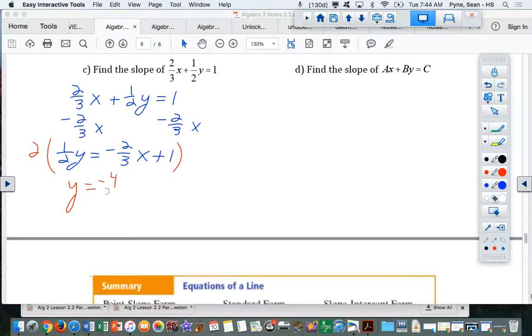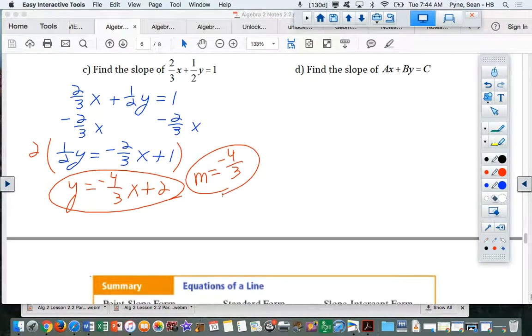But to me, this is easier. Okay, now that we have that, can you tell me the slope? So m equals negative 4/3. Excellent. M equals -4/3.